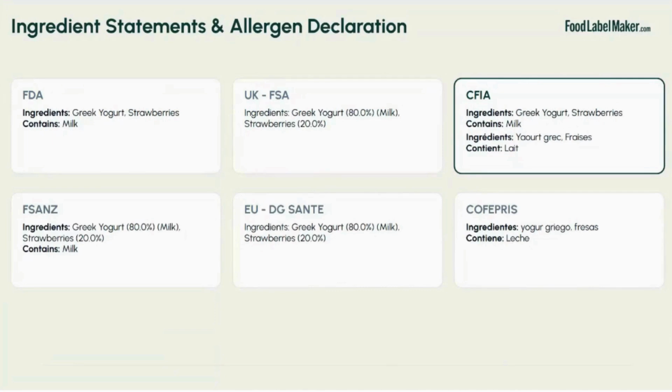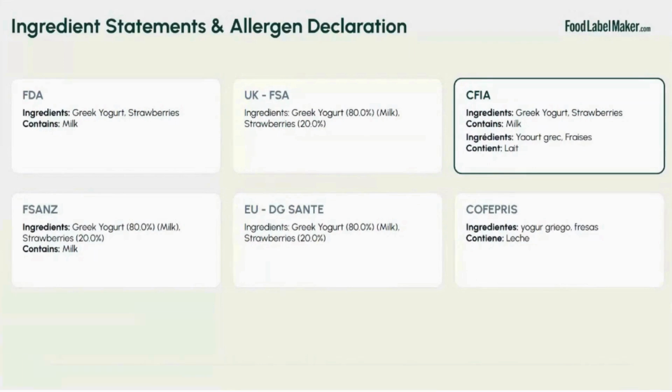Oftentimes, these ingredients are characterizing ingredients that are mentioned in a product's name or present visually on a product's package. In the ingredient statements are mainly due to the QUID declaration for UK, EU, and Australia and New Zealand.